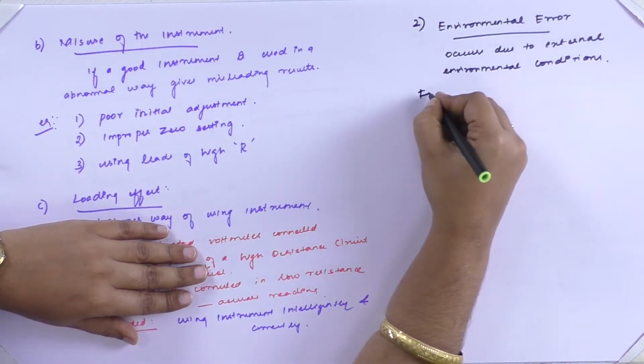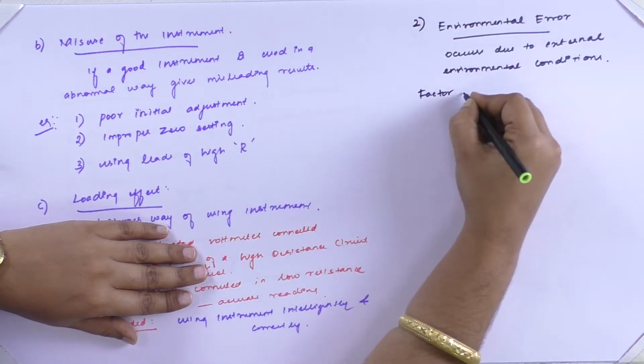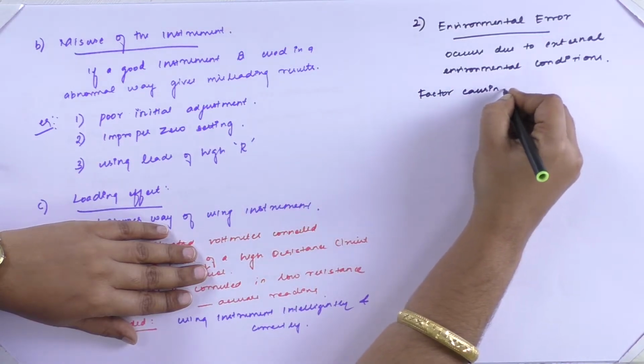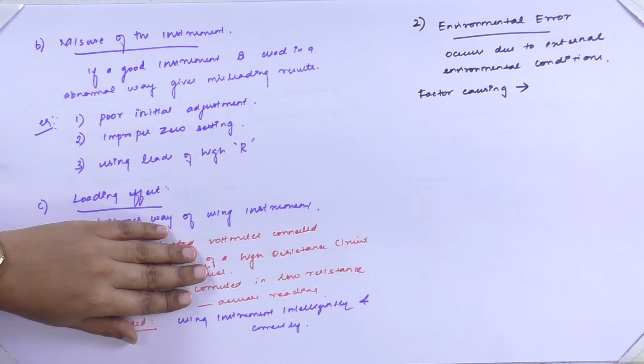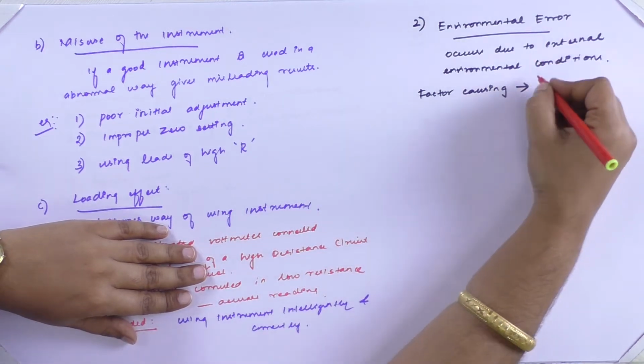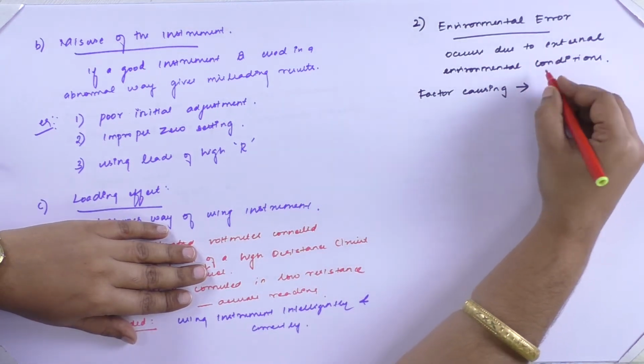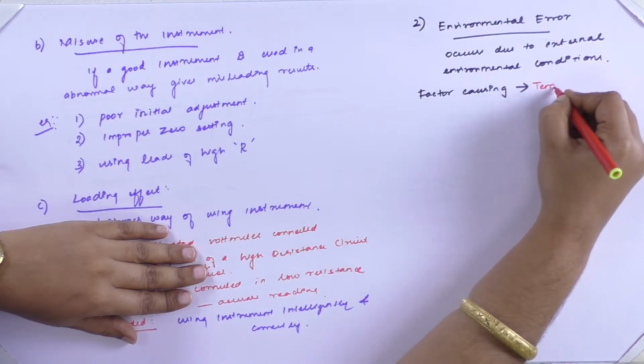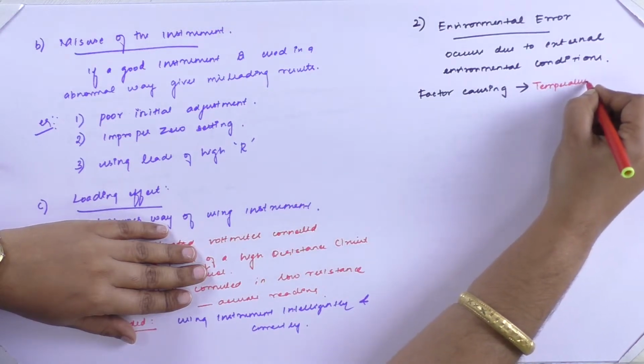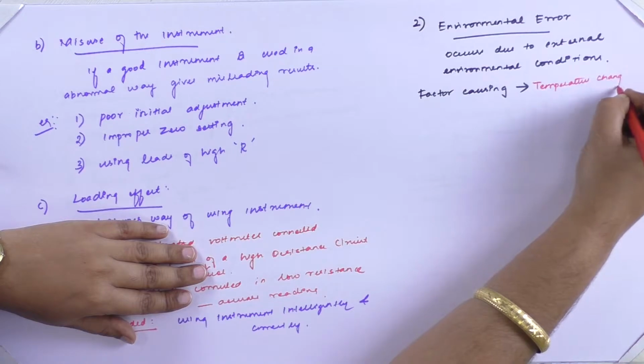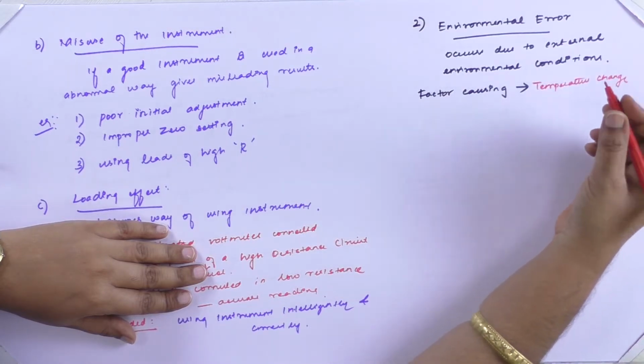So what are the factors causing these environmental errors? There are various factors which cause environmental errors. The first one is temperature changes. Due to the change in temperature, the environmental error occurs.